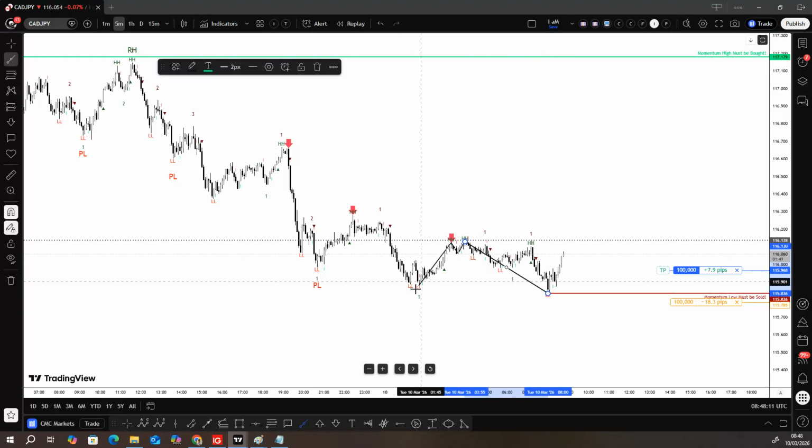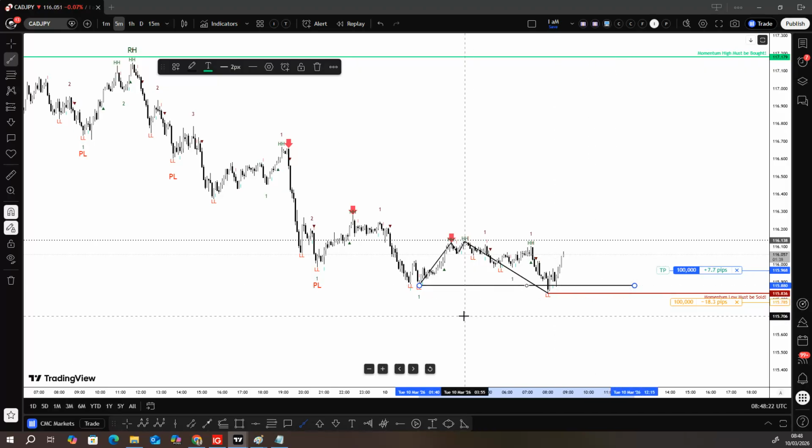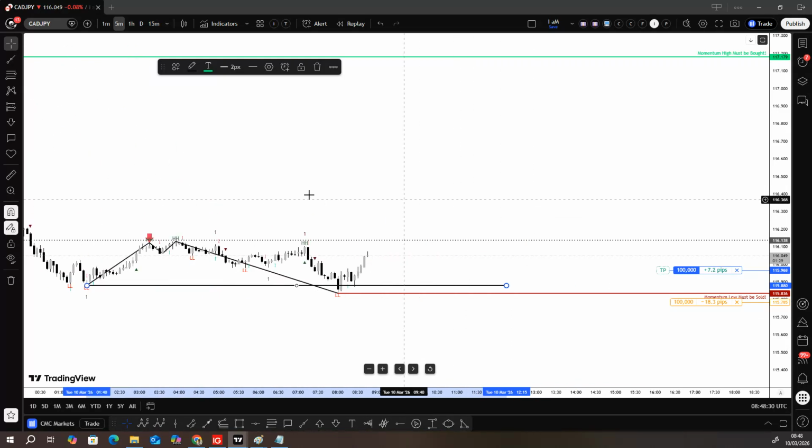But now, once we see a buy signal after the first break of the low, we have to take that trade. Why am I taking this trade? It's because the uptrend is still intact on the 1 hour chart, on the 15 minutes chart. And now we have a trend changing pattern. What does this mean?